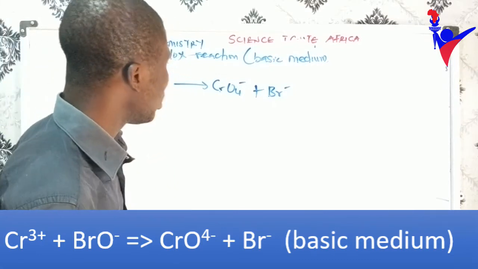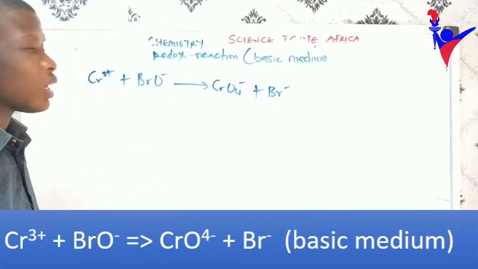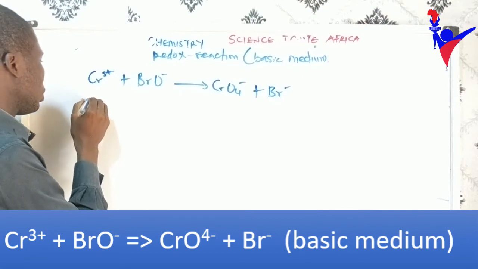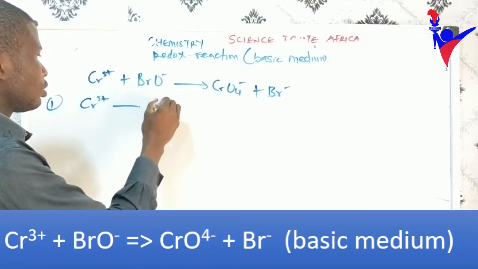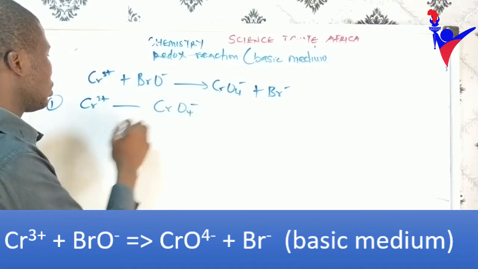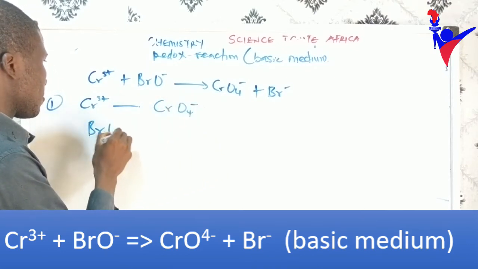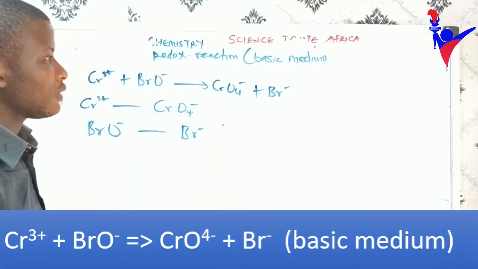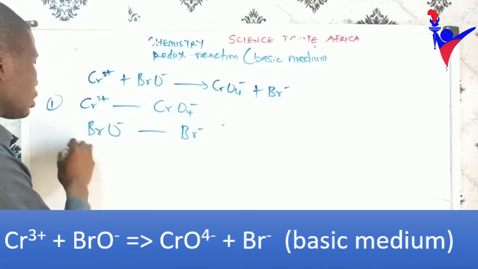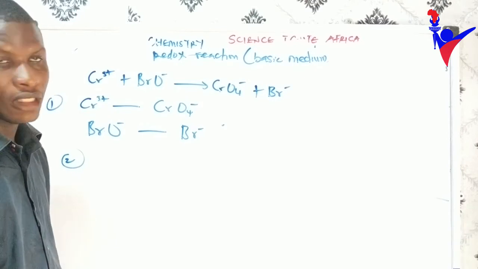So first step, break it into half cells. This is the first step. Step 2 is balance in terms of charge and atom.